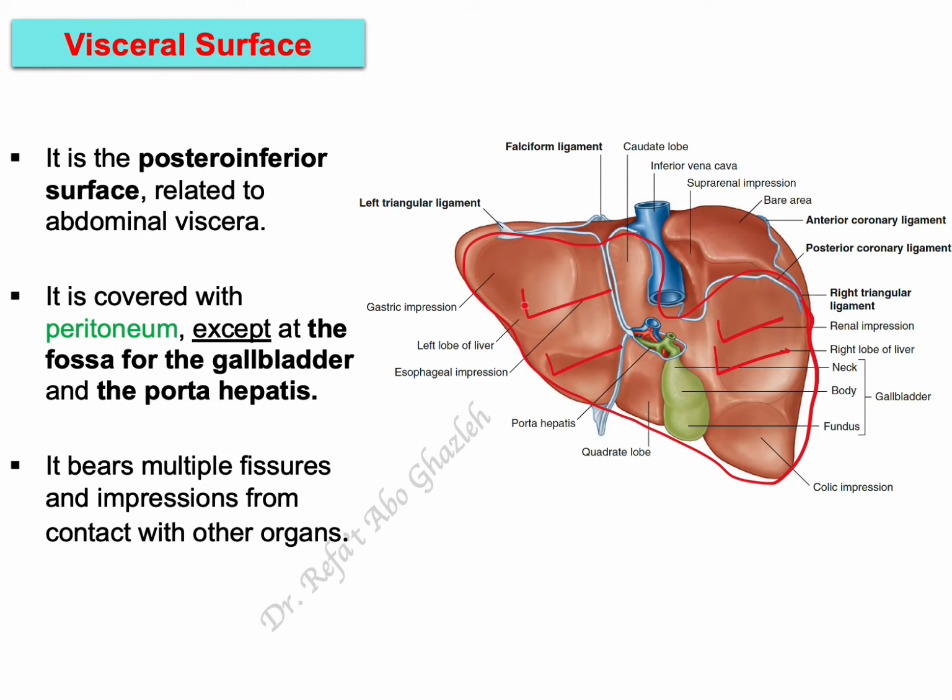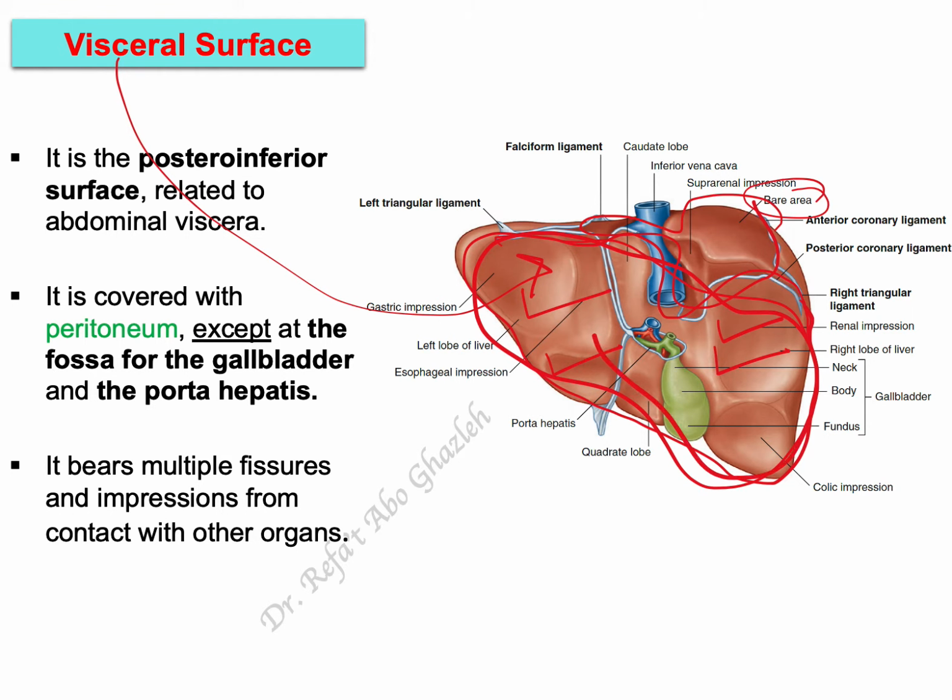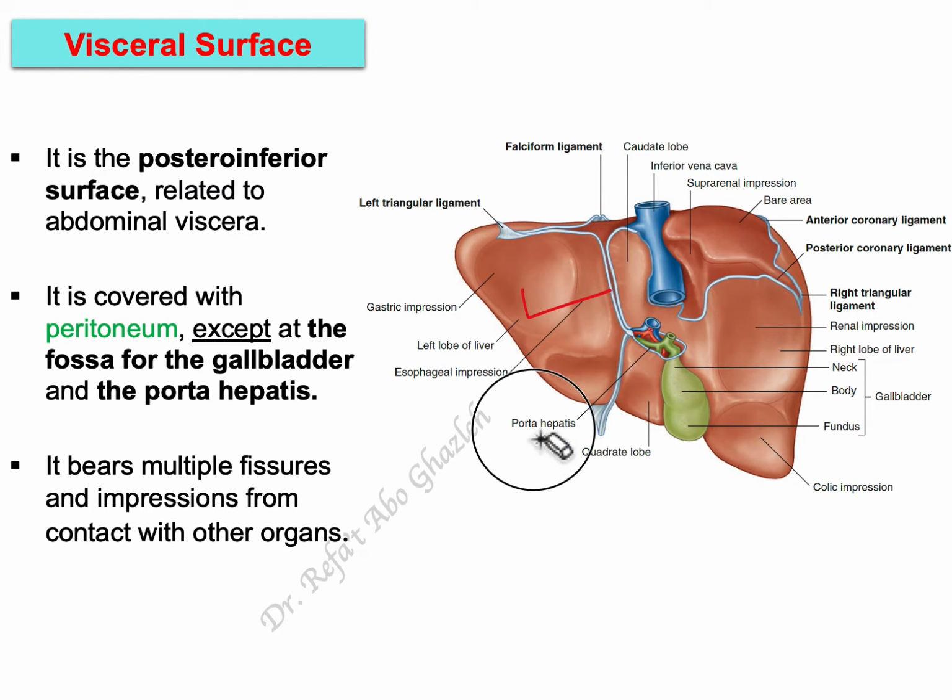Okay, and back again to the visceral surface. As we mentioned, this is again the bare area, which is part of the diaphragmatic surface, but for the visceral surface you see that it is covered completely by peritoneum, but there are exceptions.